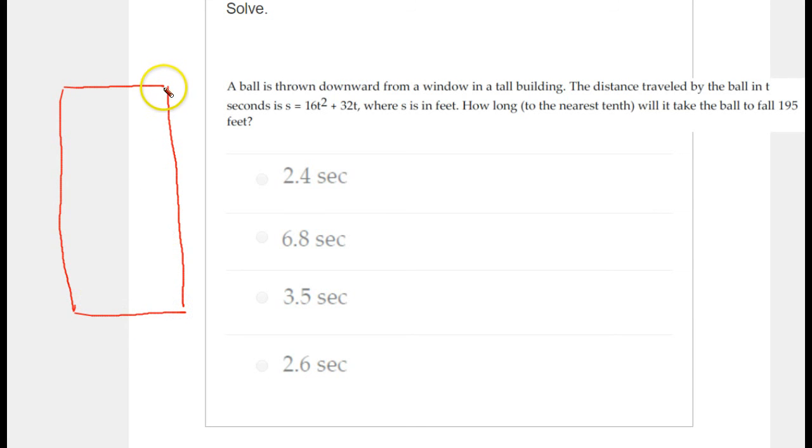So there's the window up here, and the ball is thrown down. The distance traveled by the ball in t seconds is this equation, which is s equals 16t squared plus 32t, where s is in feet.